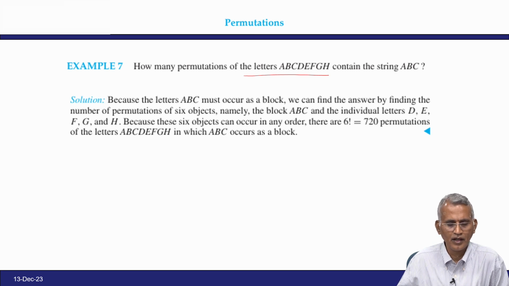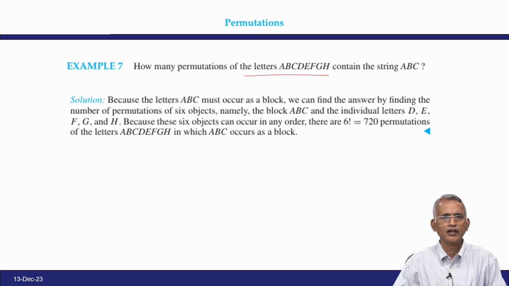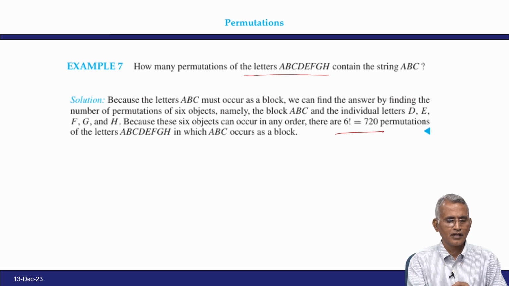ABC must occur as a block, and using this block, we find the permutations of 6 objects, namely the block ABC and the individual letters D, E, F, G and H. Therefore, the 6 objects can occur in any order, and there are 6 factorial ways, that is 6 factorial equals 720 permutations of the letters A to H, in which ABC occurs as a block.